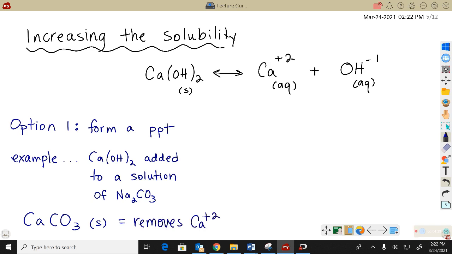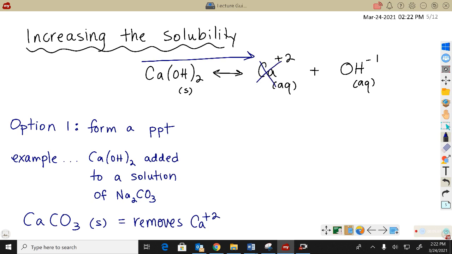We did this a little bit in the equilibrium unit when we maybe added a solution that had chlorine, and the chlorine reacted with silver ions and formed a precipitate of silver chloride, and it removed the silver ion from the solution. Same gig. Here I could add something that precipitates that calcium. And if I do something to remove calcium, well, then I'm going to shift more forward to replace calcium.